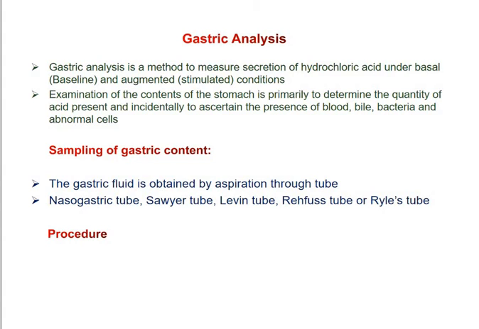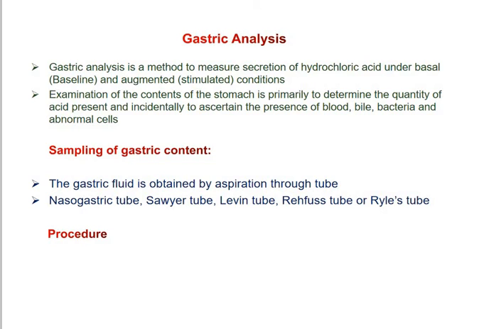Now the examination of the contents of the stomach is primarily to determine the quantity of acid present and incidentally to ascertain the presence of blood, bile, bacteria and abnormal cells. It may also be done to detect acid-fast bacillus in a client with undiagnosed tuberculosis.